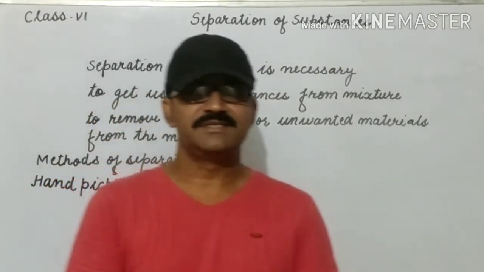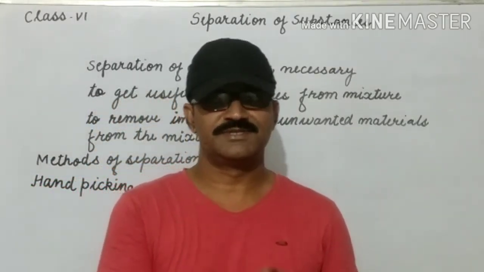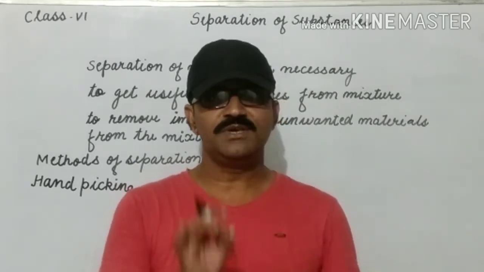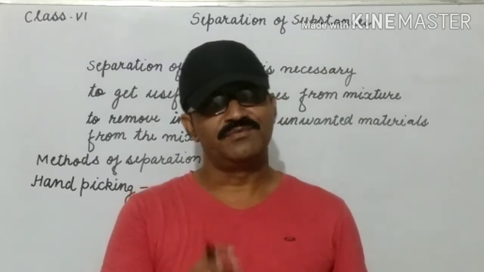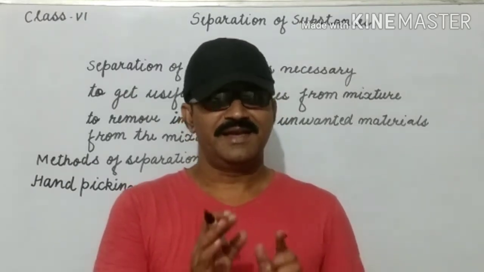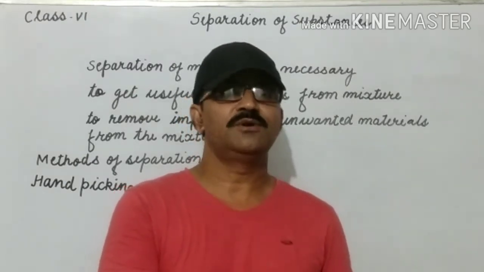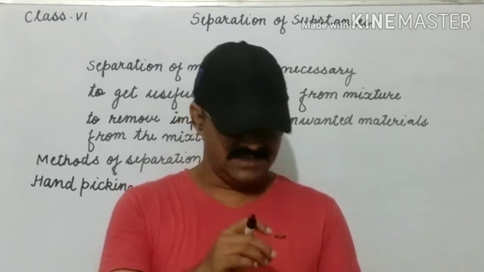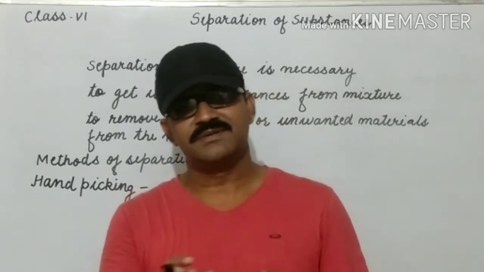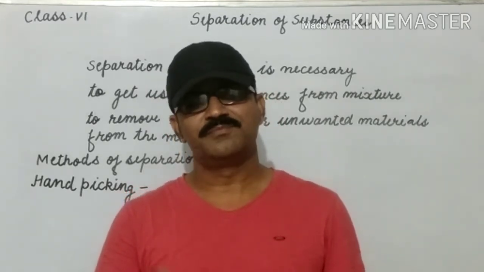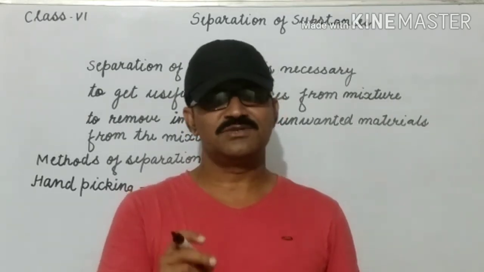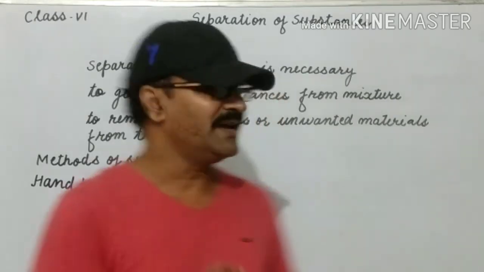Grains and pulses generally contain small stones and other unwanted impurities. These need to be separated before cooking. I think you have seen your mother at home picking out small stones from pulses and rice. This process is called hand picking. What is hand picking?